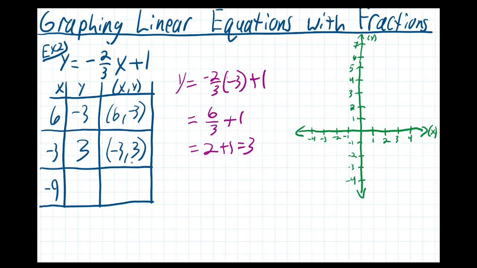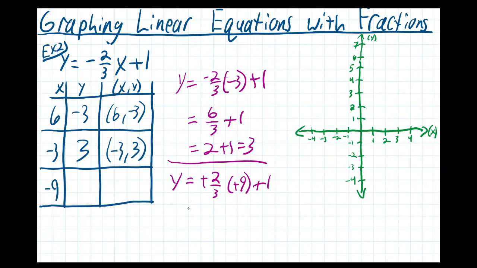Now, when x is negative 9, again, I plug it in. Negative 2/3 is the same thing as saying negative 2 divided by 3 times negative 9 plus 1. Now here, we have a negative times a negative, and we're getting a positive, just like when x was equal to negative 3, I should say.